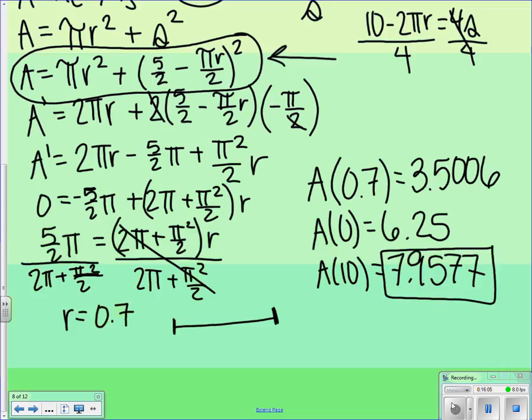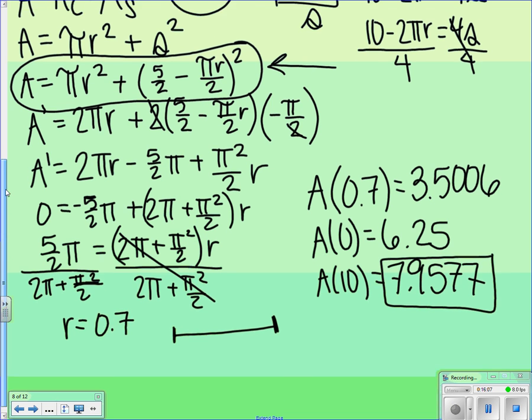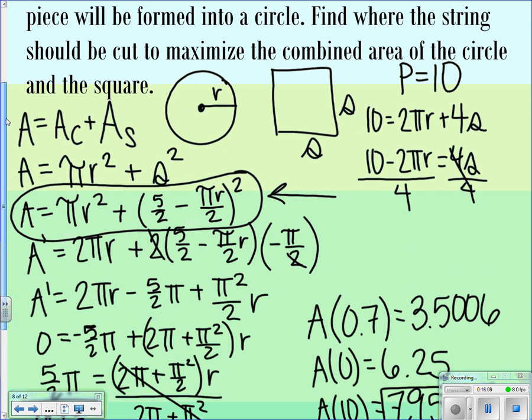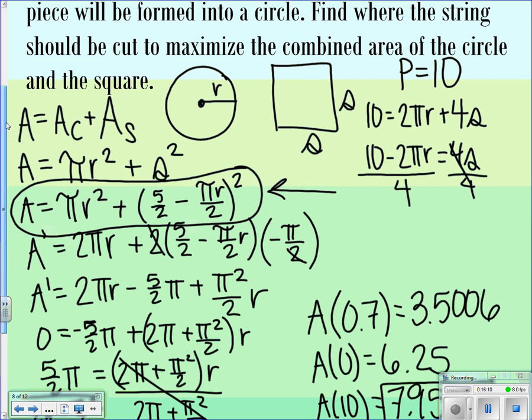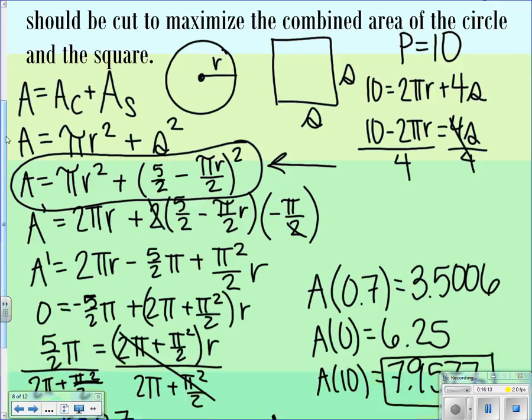That's the max value. So looking up here, it says, where should the string be cut to maximize the combined area of the circle? Well, we want to cut it where it is a maximum of a 10. And what that means is we're actually only going to be making one figure. And we're going to use the entire string to form a circle.